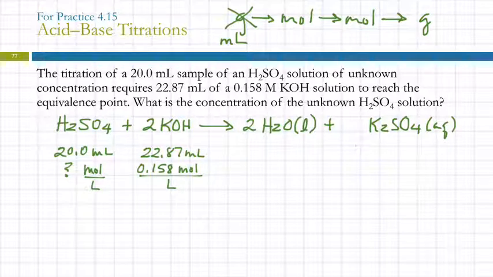Well, it's asking us for moles per liter. We know the volume here, so what do we need to calculate the molarity? We need moles, right? So we actually don't want to do that last step at all. We want to stop here at moles of sulfuric acid. Then if we divide by the volume in liters, we'll get the molarity. Okay?